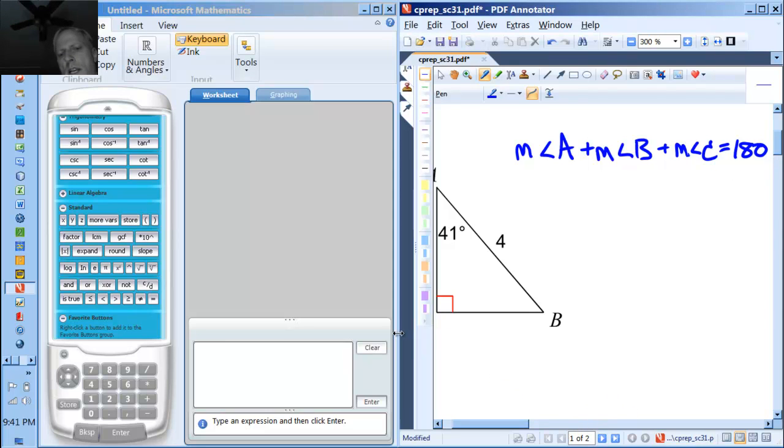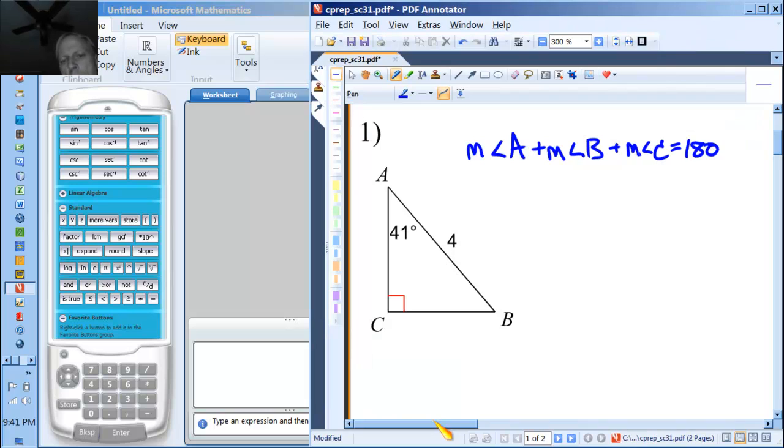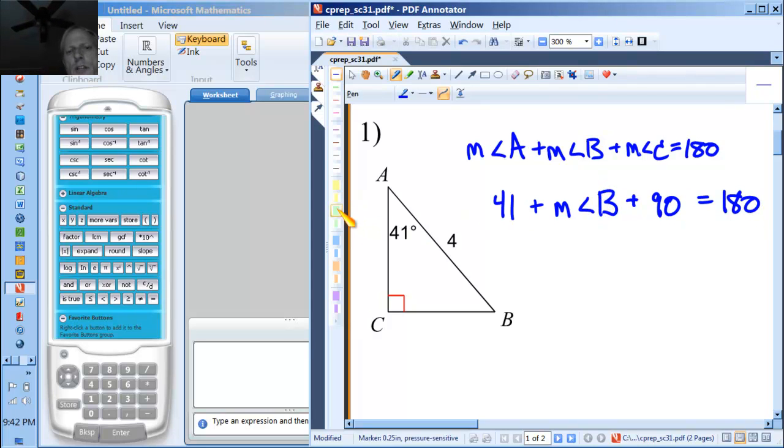Well, what is the measure of angle A? That's just 41. What's the measure of angle B? Well, that's what I'm trying to figure out. And what's the measure of angle C? It's 90, and that is all equal to 180. So now I have a little equation that I can easily solve for angle B. I get the measure of angle B plus 131 equals 180.